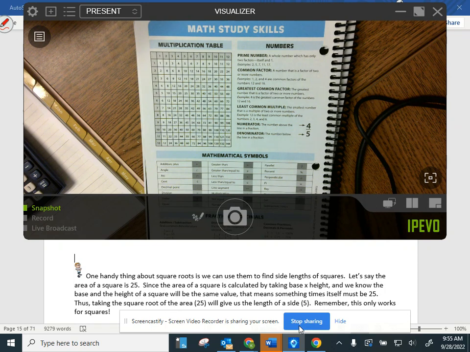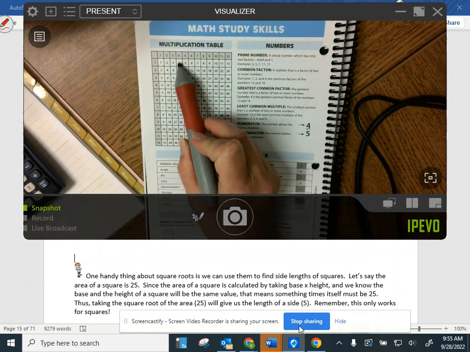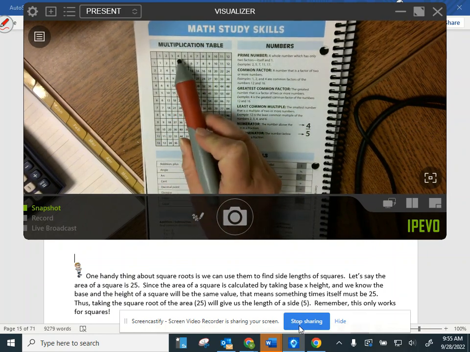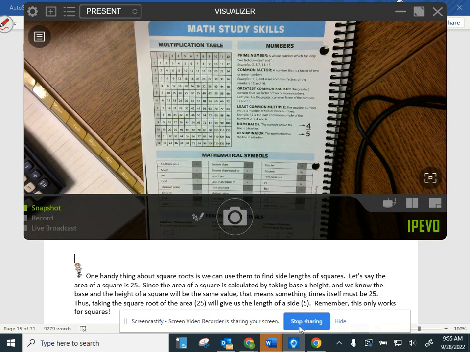Oh. So then what do I do, Bennett? So the answer, 4. Why would it be 4? Because 4 times 4 is 16. You can only put a number for a square root if it multiplies by itself to equal that number.